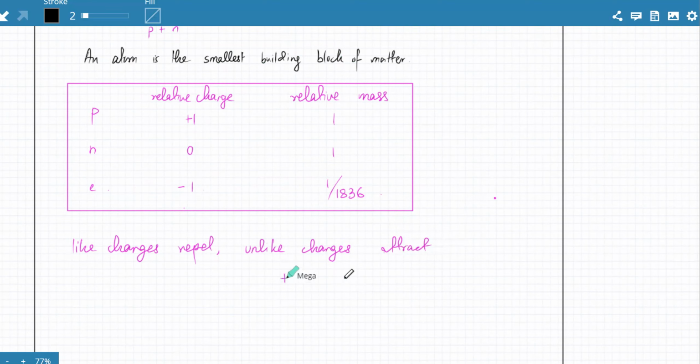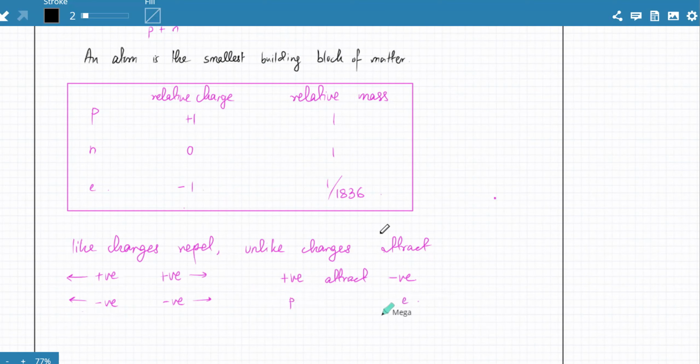So positive is going to attract negative, but positive and positive are going to repel each other, and negative and negative are also going to repel each other. For example, two electrons are going to remain as far away from each other as possible. Similarly, protons would try to repel other protons, but protons and electrons attract each other. Protons are positive, and electrons are negative.